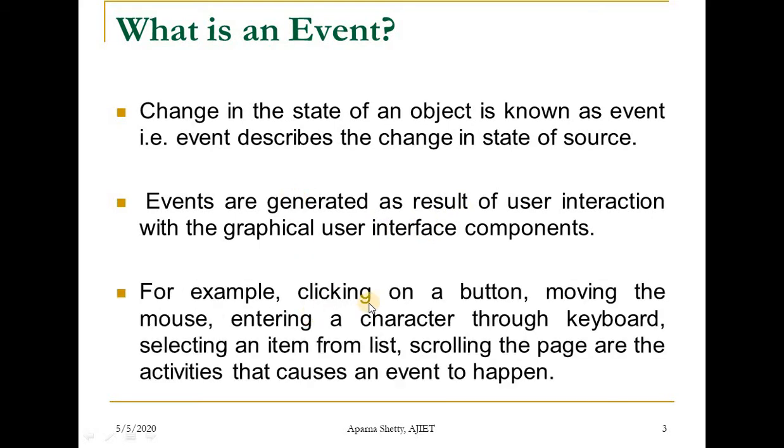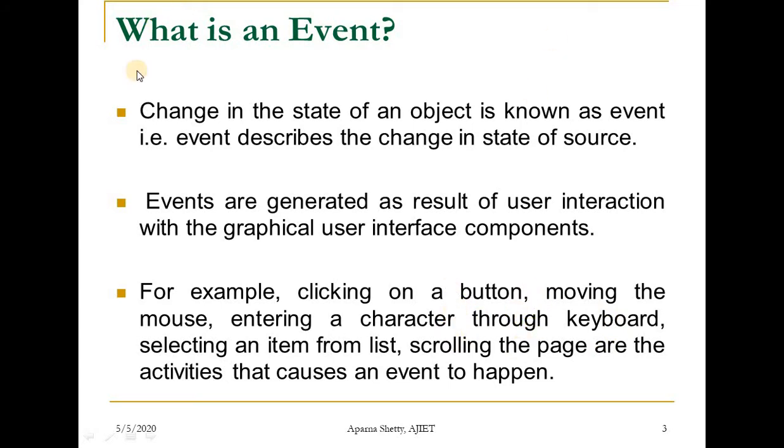For example, clicking on a button, moving the mouse, entering a character through the keyboard, selecting an item from the list, and scrolling the pages are the activities that cause an event to happen.